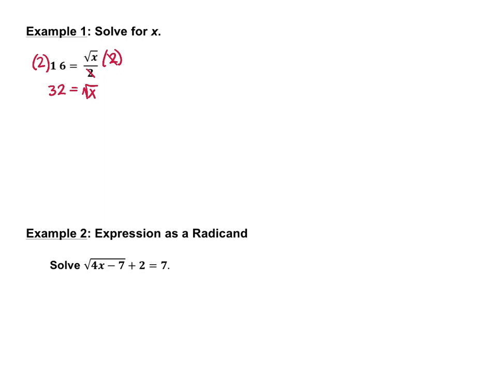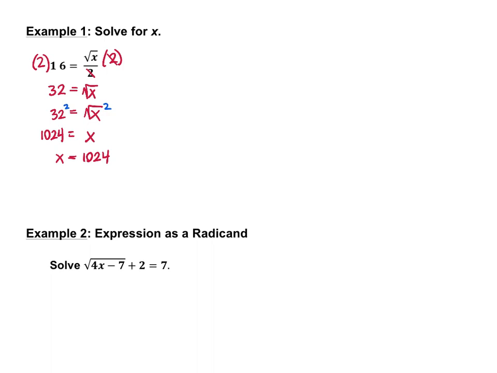So now we have 32 is equal to the square root of x, and what we can do here is square both sides. On the right hand side, the square root of x squared is just x, and on the left hand side, 32 squared is 1024. So our answer for x is 1024.